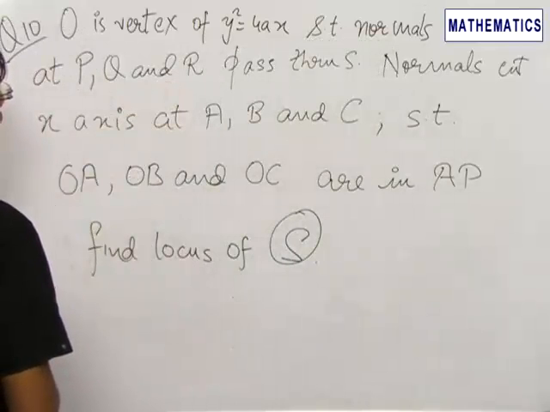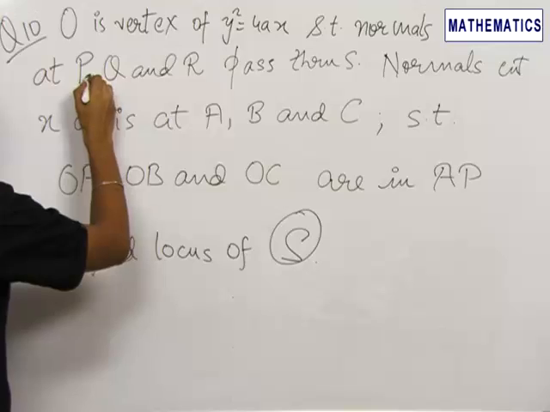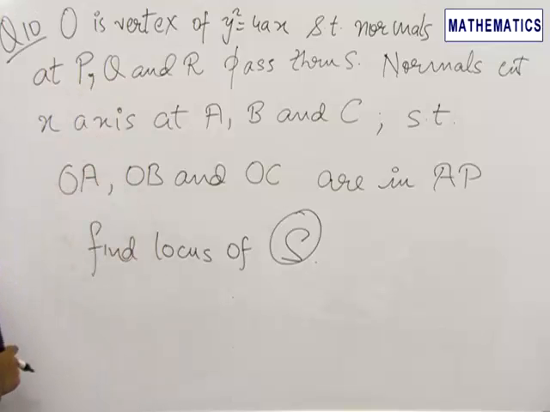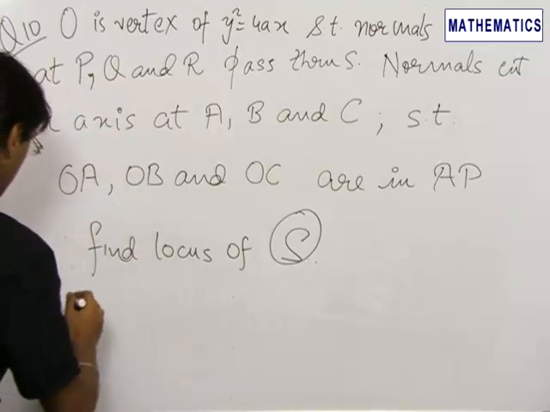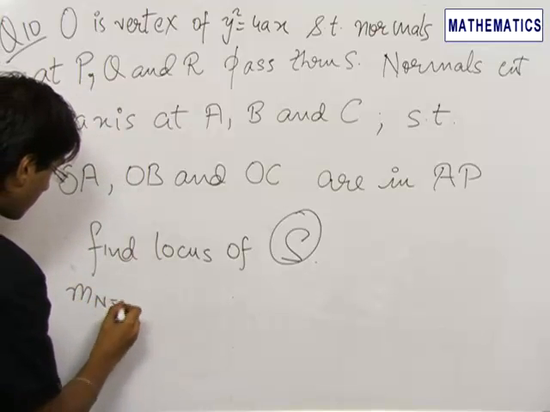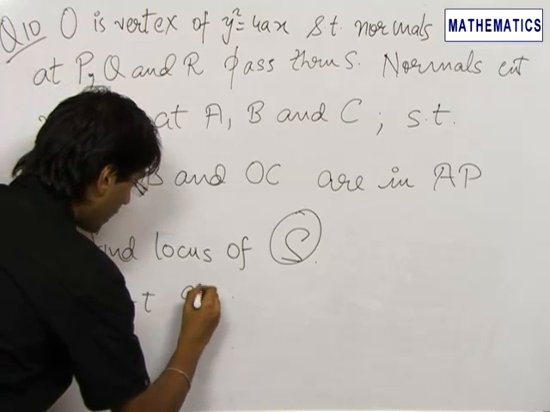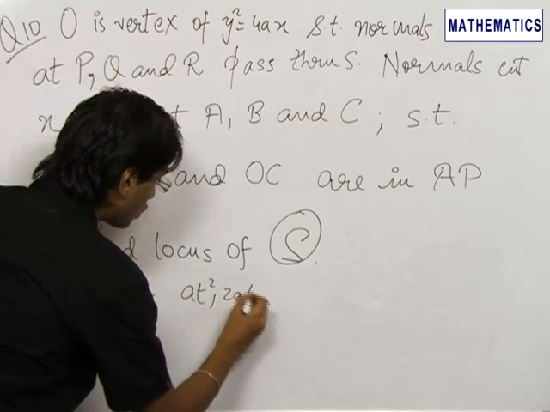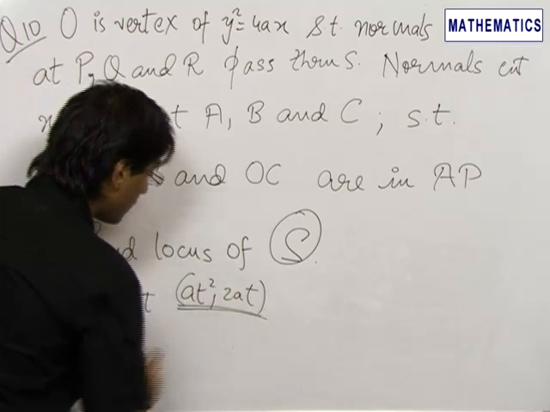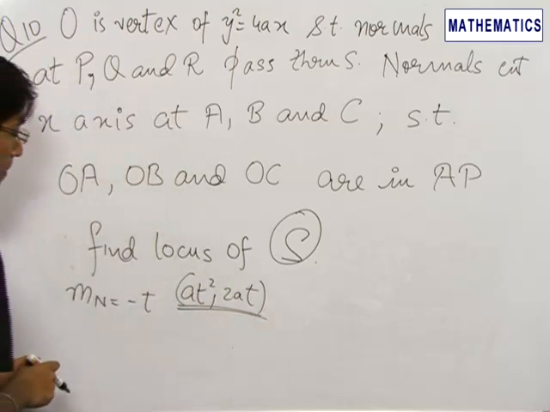First of all, it is given that three normals have been made at points P, Q and R. Now we know that slope of normal is equal to minus t, where at square comma 2at is the point at which the normal has been made.